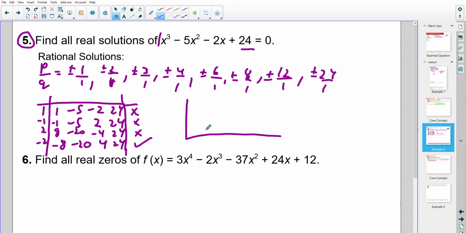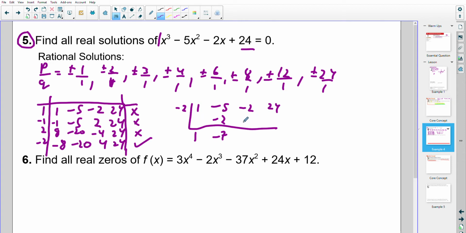So let's see. First of all, I want to make sure that this is correct. This is -2, and then I'm going to put the coefficients up here. And remember to carry this down, multiply and add. Multiply and add.